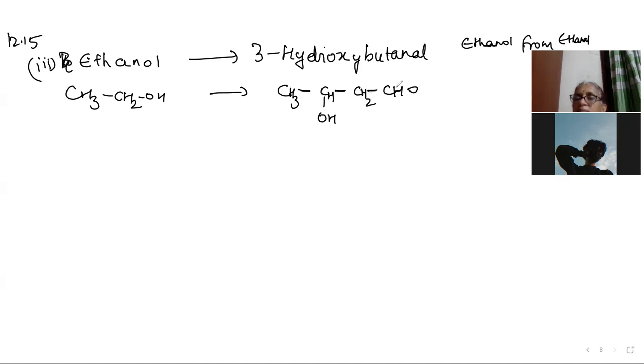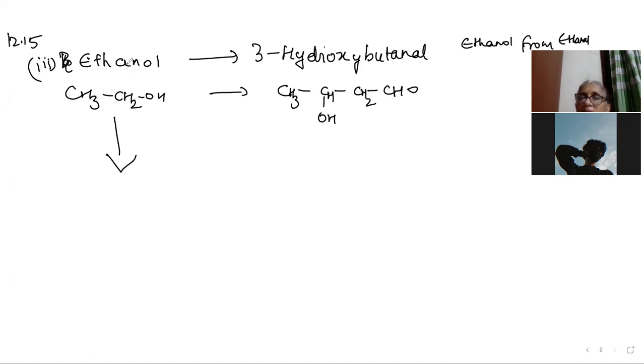Because the same compound, same structure, if you have both aldehyde and alcohol, it is aldol. And we know that we can get aldol having 4 carbons from ethanal only. But you are given ethanol.